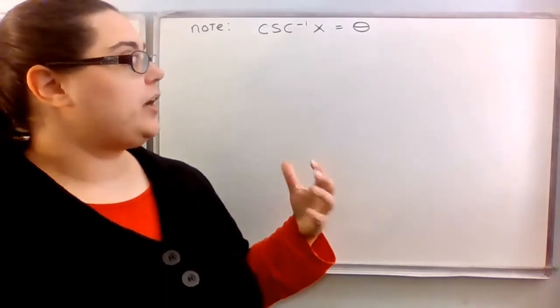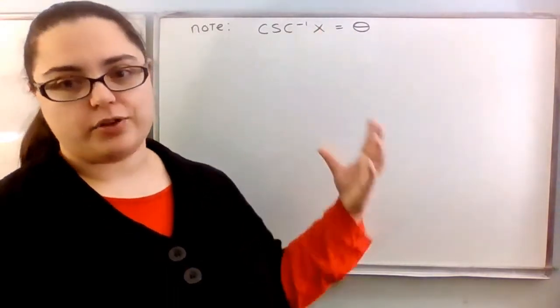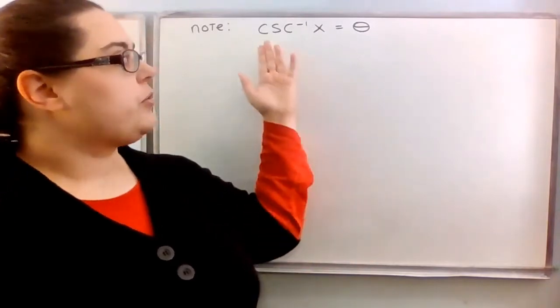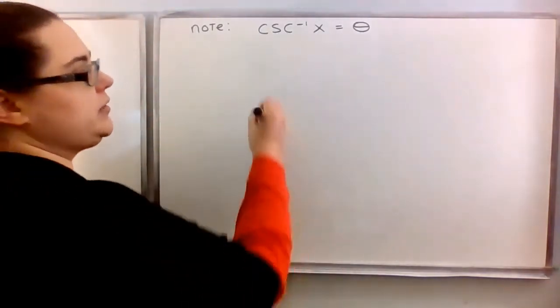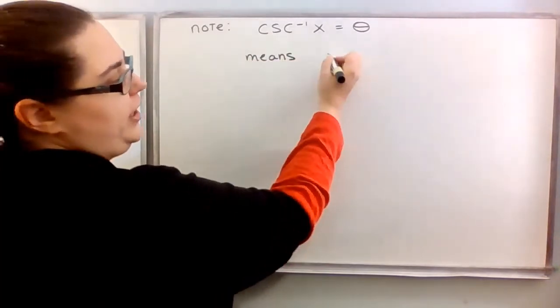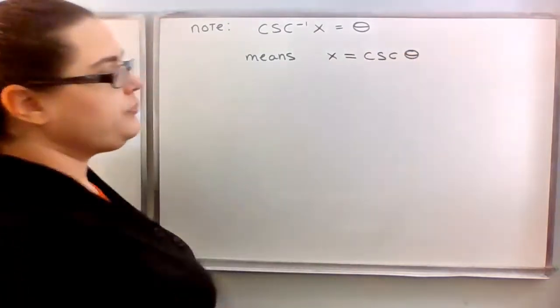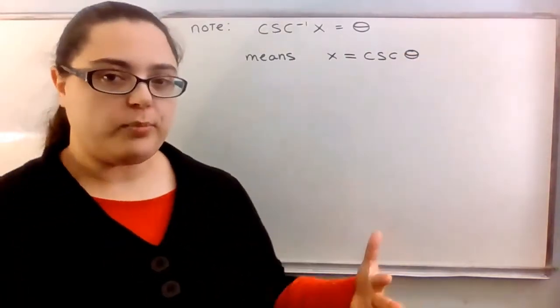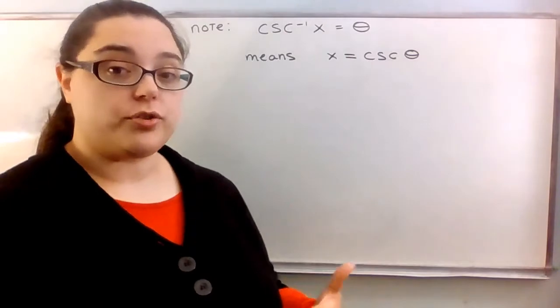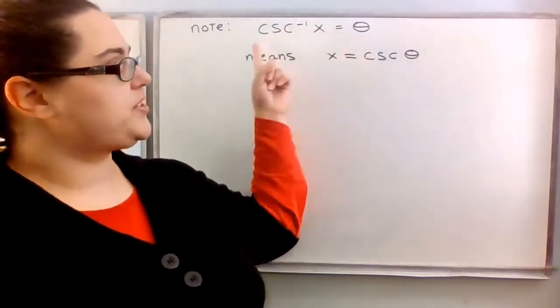The way that I'll do that is first by rewriting this in terms of cosecant instead of cosecant inverse. So this equation means that x is equal to cosecant of theta. Remember when we were finding our inverse trig functions, we could think of it as taking cosecant of both sides.